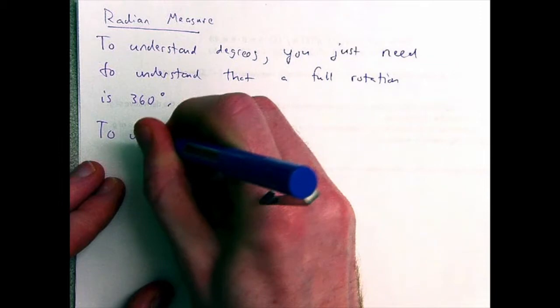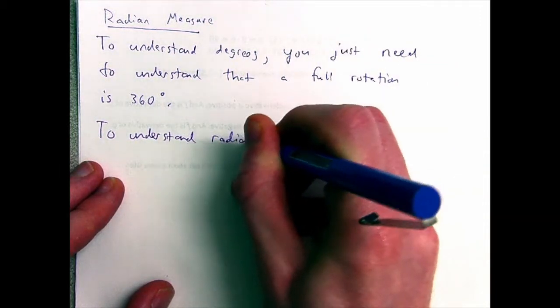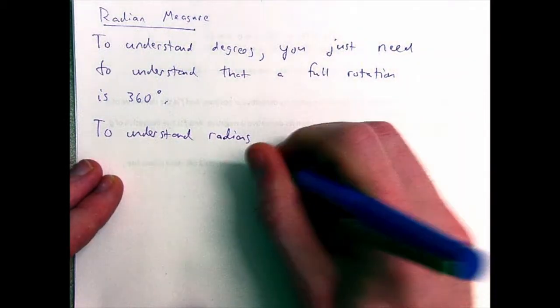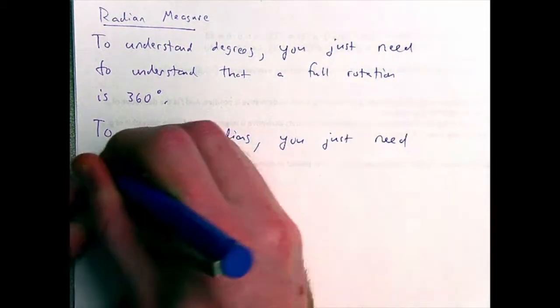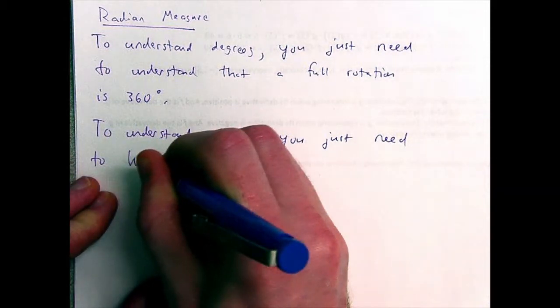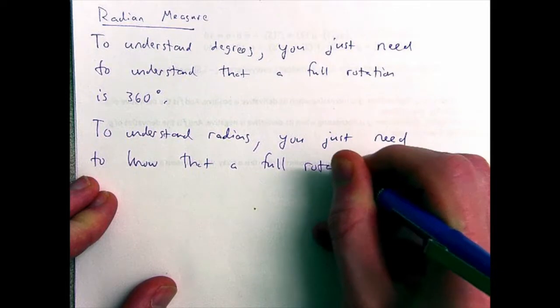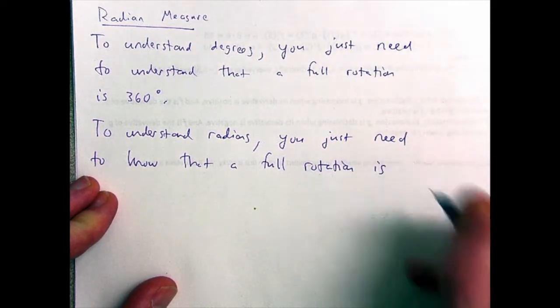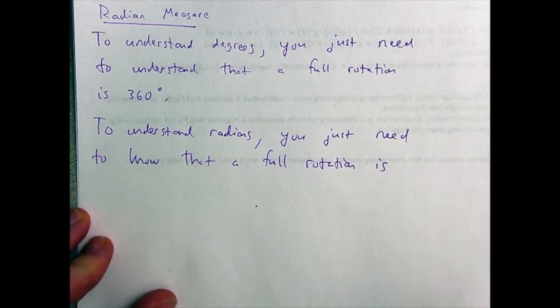To understand radians, this new unit of measurement, you just need to know that a full rotation is... Okay, so what is a full rotation in radians? How many radians does it take to give a full rotation?